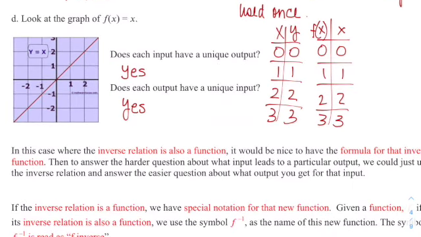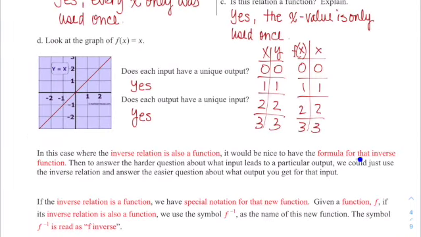So going on to reading through some of the information. In this case, where the inverse relation also is a function, it would be nice to have a formula for that inverse function. Then to answer the harder question about which input leads to a particular output, we could just use the inverse relation and answer the easier question about what output you get for that input.